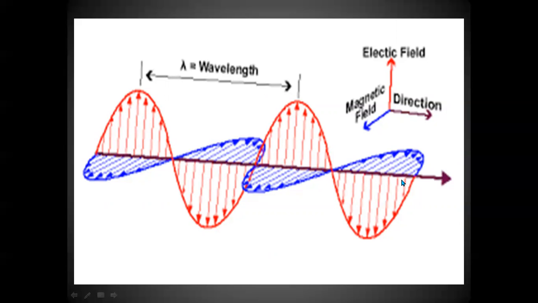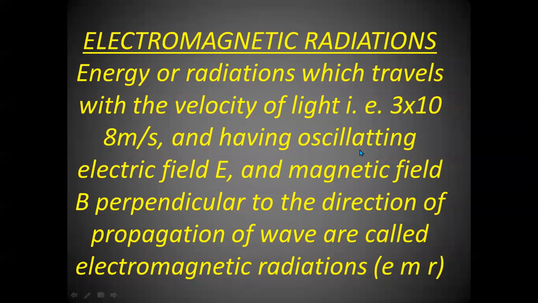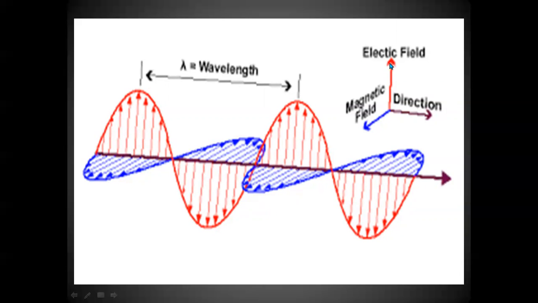And according to the definition, there are two oscillating fields. One is the electric field, the other is the magnetic field. So we need two more axes. Let the y-axis represent the electric field. These axes will naturally be perpendicular to each other, making 90 degrees with each other.